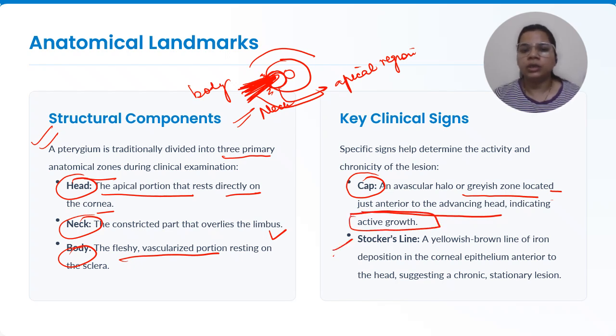And what is a Stocker's line? It is a brownish line seen as iron deposition in the corneal epithelium, suggesting a chronic static pterygium.